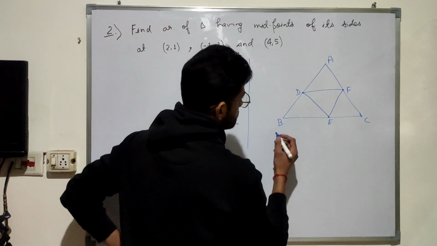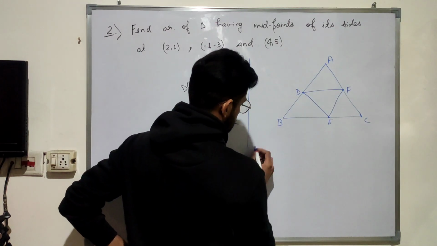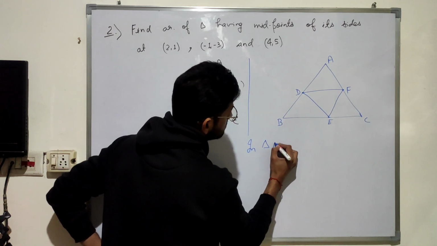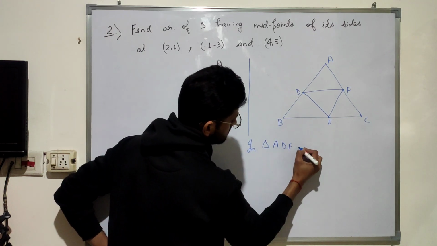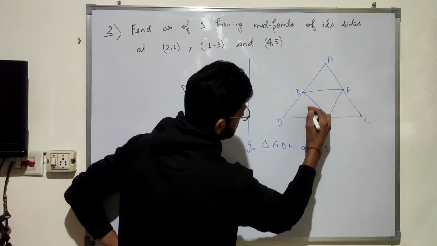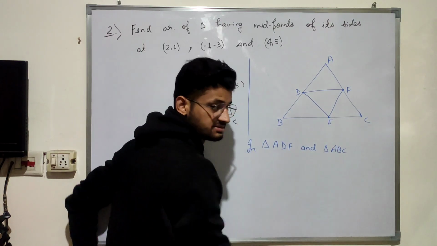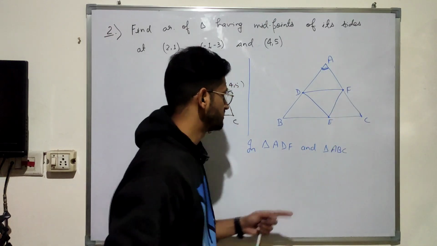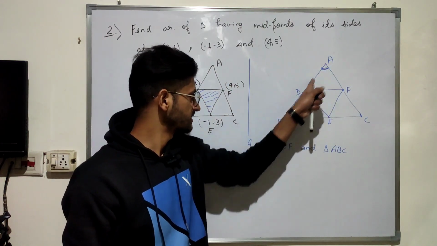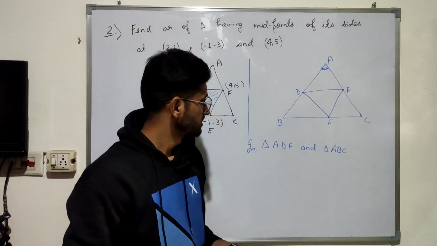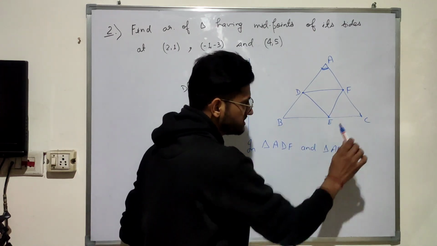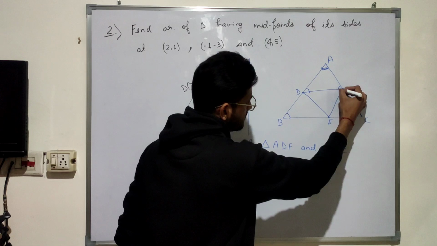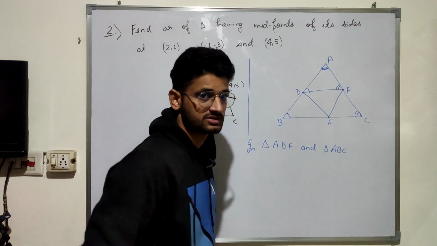So if we apply similarity in triangle ADF and triangle ABC, we can clearly see that angle A is common between triangle ADF and triangle ABC. Also we know DF is parallel to BC, so this angle is equal to this angle, because they are corresponding angles.